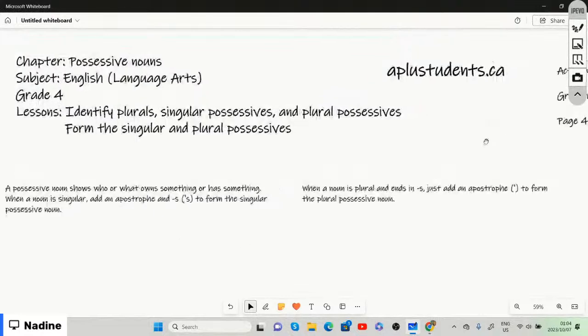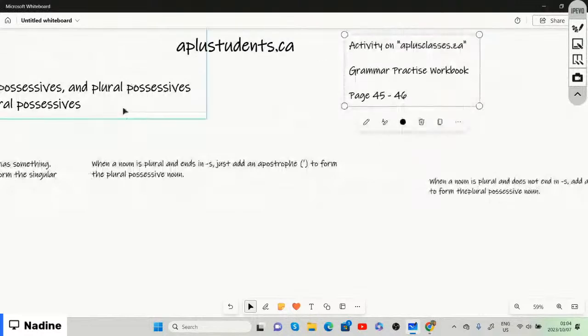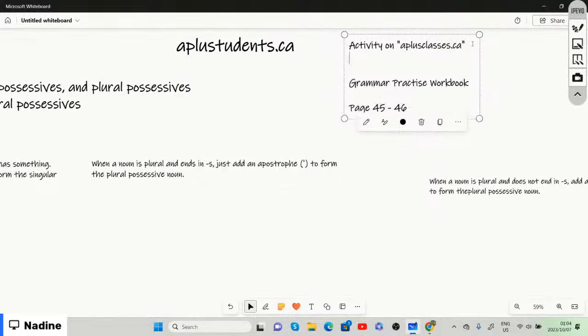All right, and before our lesson ends, we are going to do an activity on possessive nouns. And our activity is going to be on aplusclasses.ca, under language arts.